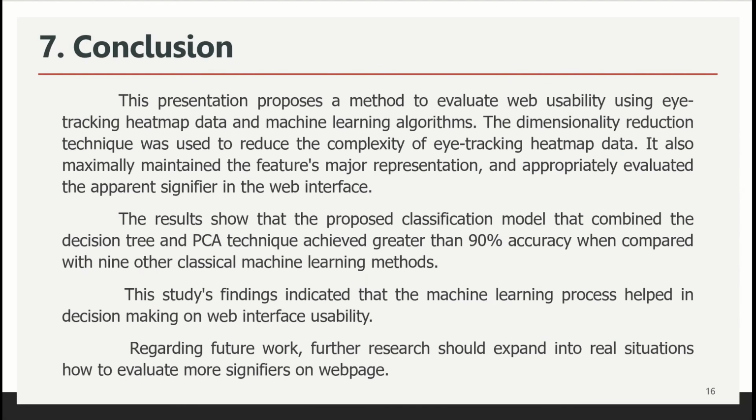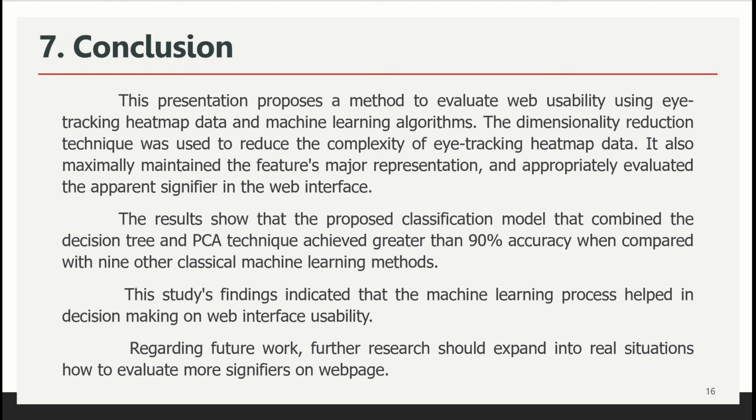Conclusions. To sum up, this presentation proposes a method to evaluate web usability using eye tracking heat map data and machine learning algorithms. The dimensionality reduction technique was used to reduce the complexity of eye tracking heat map data.